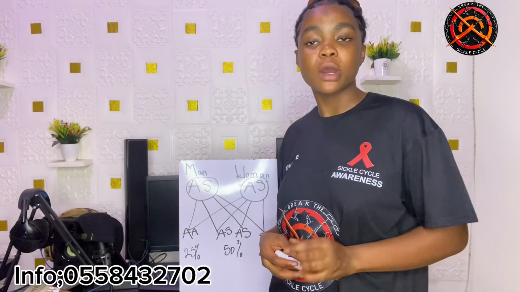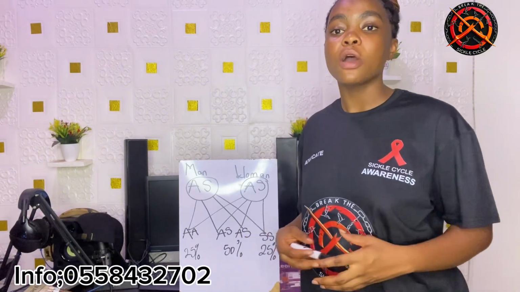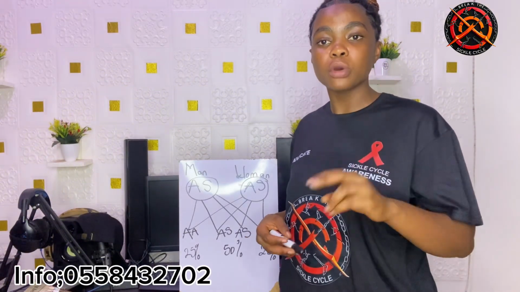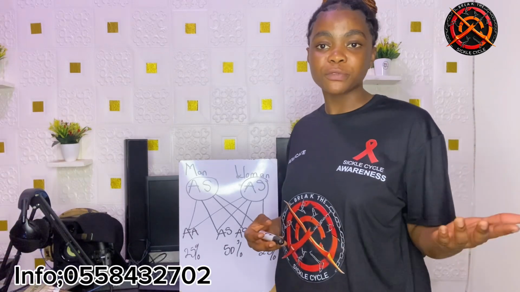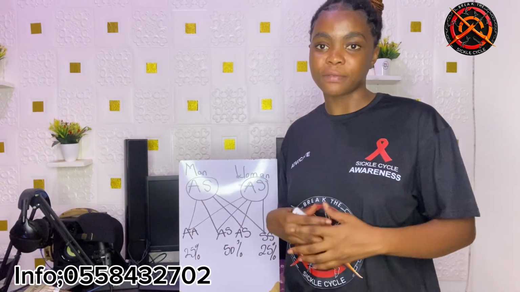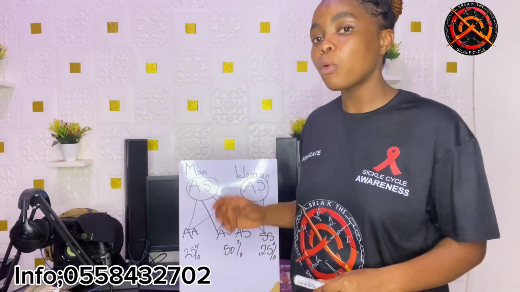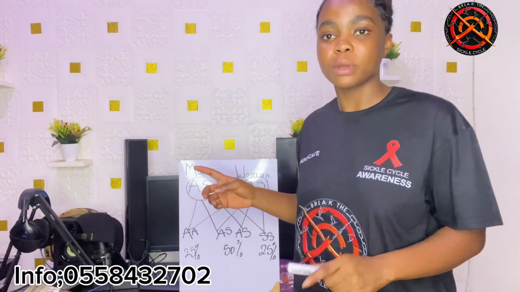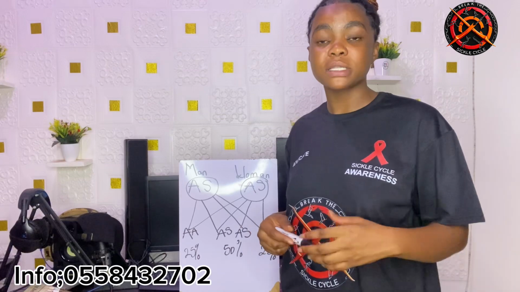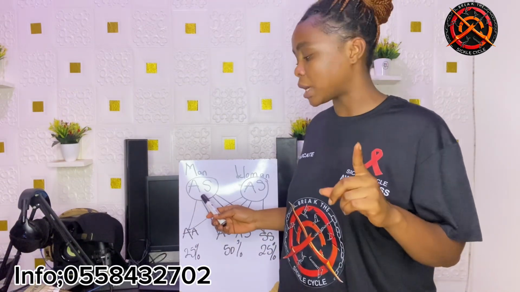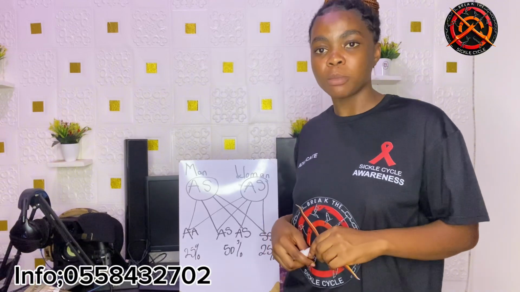How does an individual inherit sickle cell disease from their parents? Each individual has two hemoglobin genes, one from the mother and the other from the father. So this represents two individuals who both have the sickle cell trait in their blood. When you have the sickle cell trait, it means you have one normal hemoglobin and one abnormal hemoglobin.